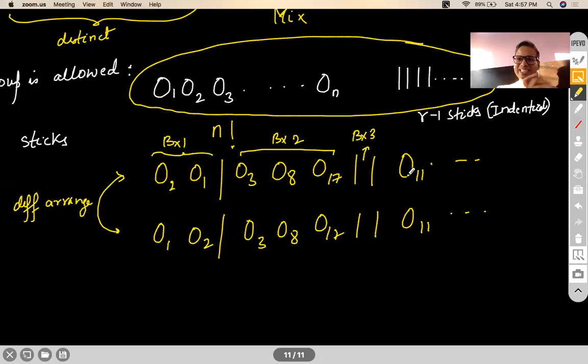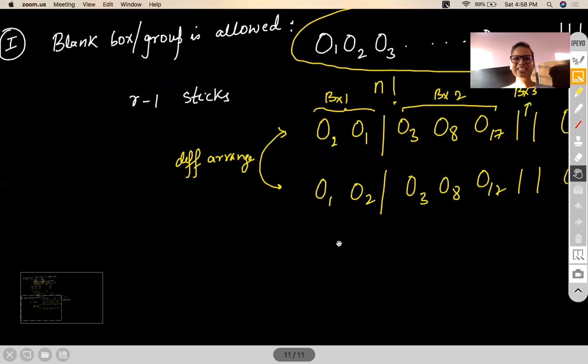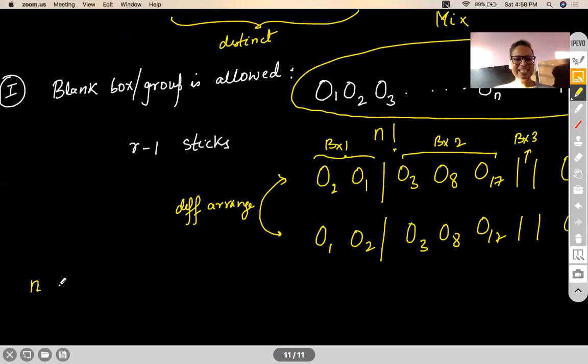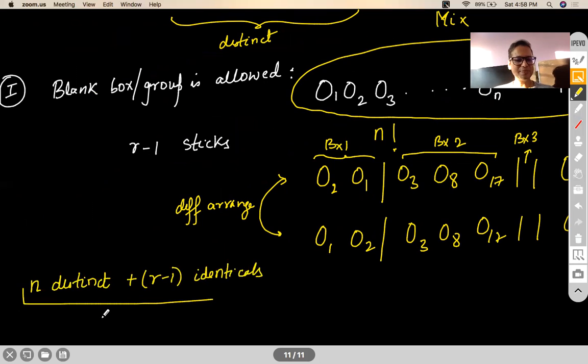So having said so, what is my final answer then? The final answer is the same answer that you would get when you have n distinct objects plus R minus 1 identical objects arranged among themselves.